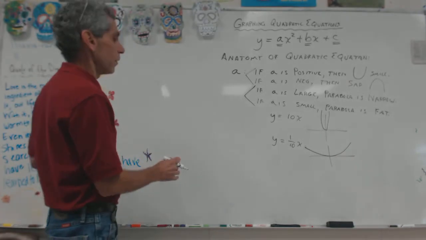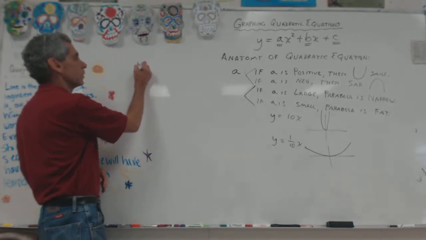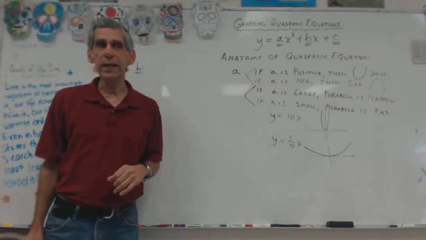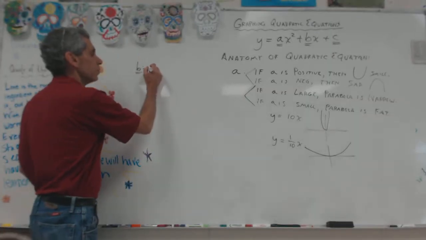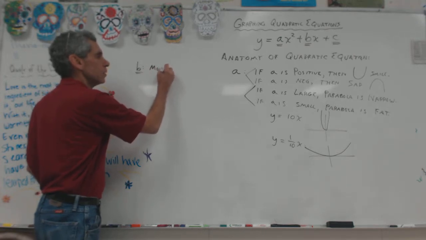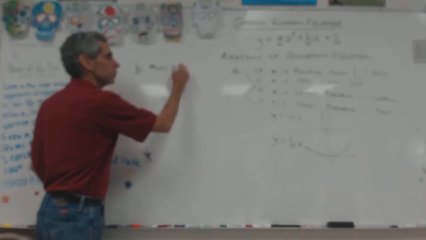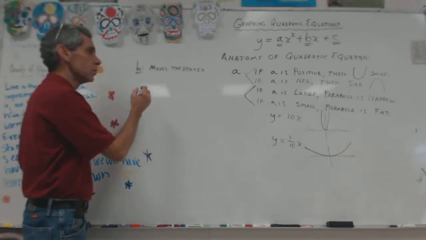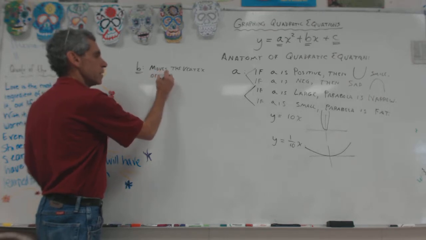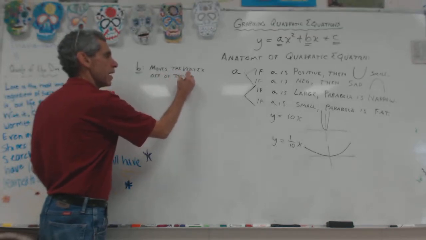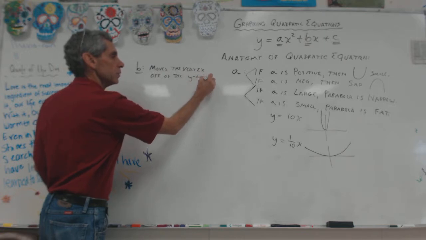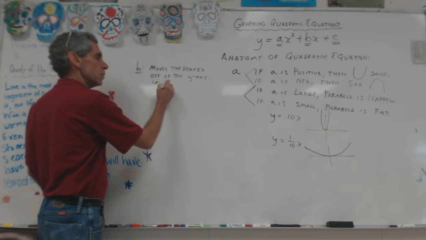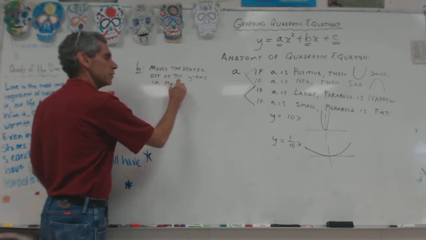All right, so now we're going to talk about B. B moves the vertex. We're going to talk about what the vertex is in just a second. It moves the vertex off of the y-axis. In other words, it moves it left and right.